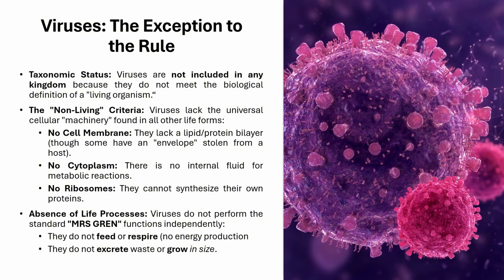They do not grow in size or excrete waste. They only reproduce by invading a living cell and forcing it to make copies of the virus. So a virus is essentially just a bad news message wrapped in a protein coat. They are biological hitchhikers, completely inactive until they find a host to do the work for them.